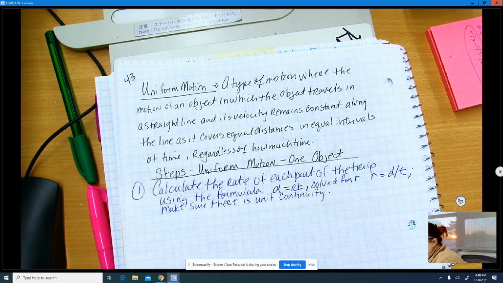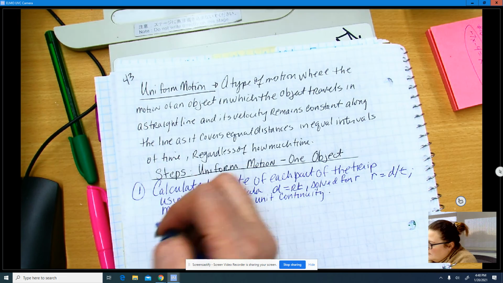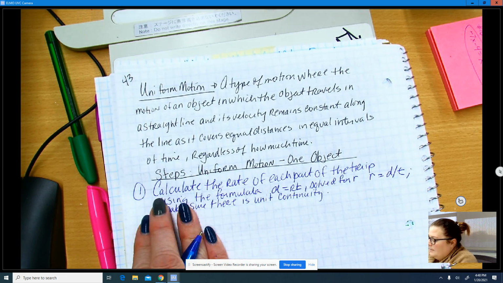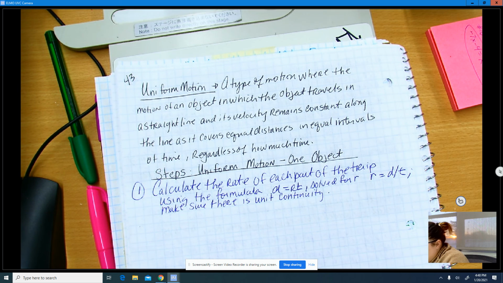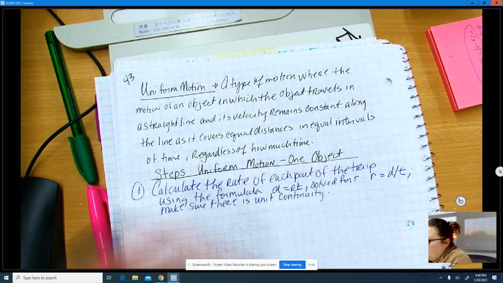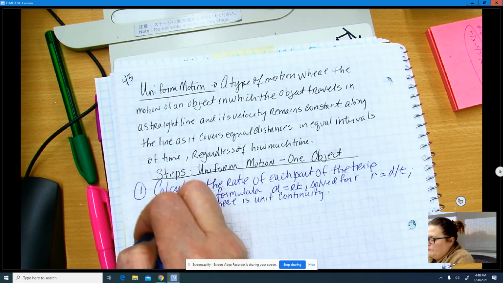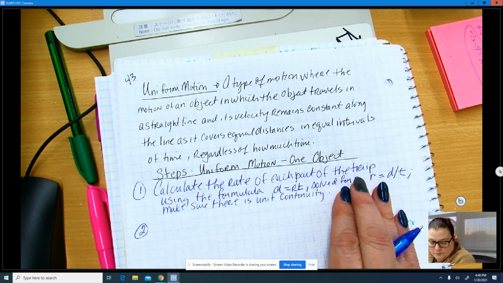And it's also moved this distance in this amount of time. Find the average rate of those two things together. So that's how part of it is. That's why when we talk about part one and part two of the trip, imagine if it took you 15 minutes to walk to your friend's house, and then when you left that house and you came home, it took you 25 minutes to walk. And they want to know what is the average speed of all of your walking together. So that's what this is going to help us do.